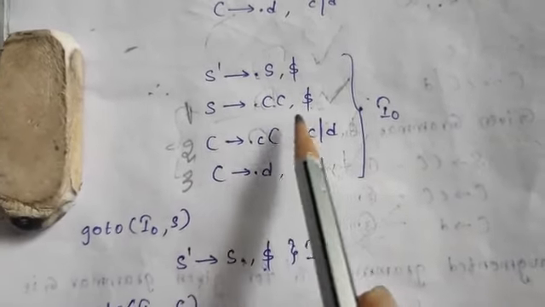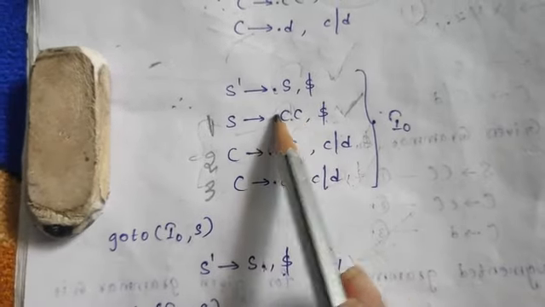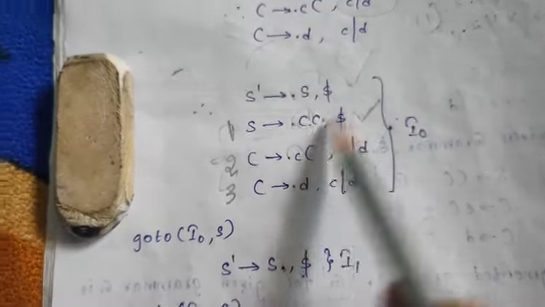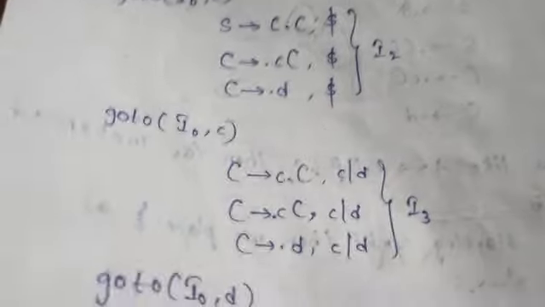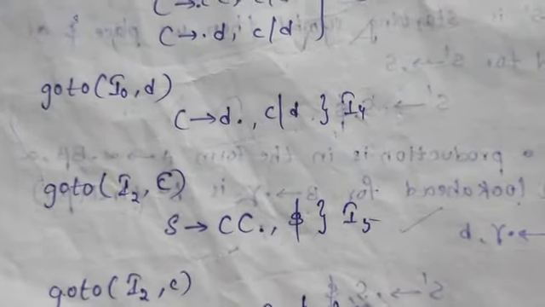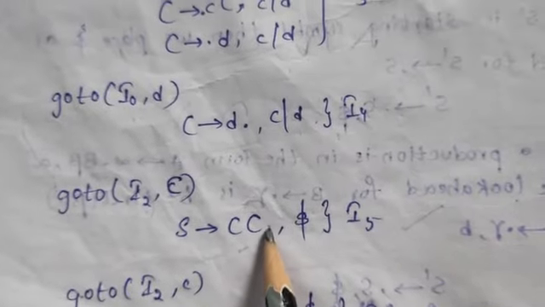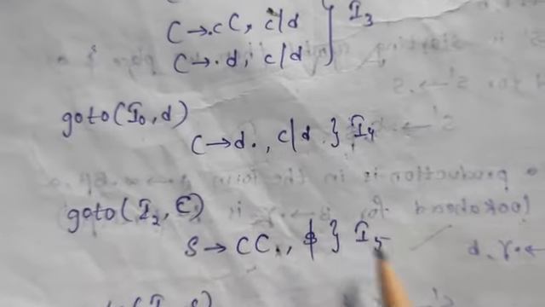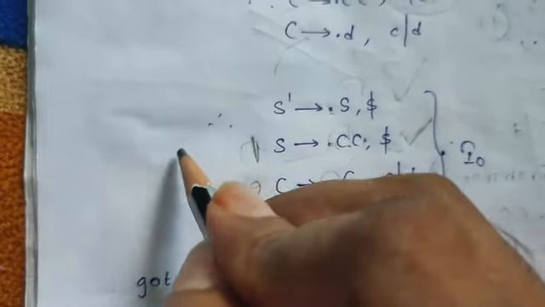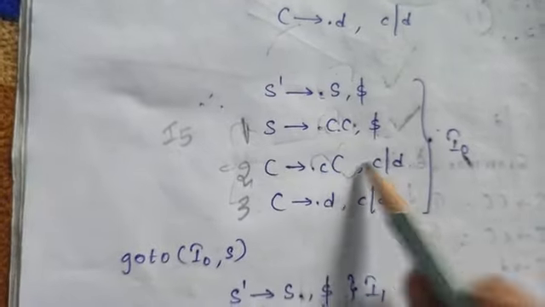In the first production, you need to identify where the dot is moving to the end of the production. So check that one. Here the dot will end at the end of this production in I5. For that reason, you need to place I5 here and go for the next production.